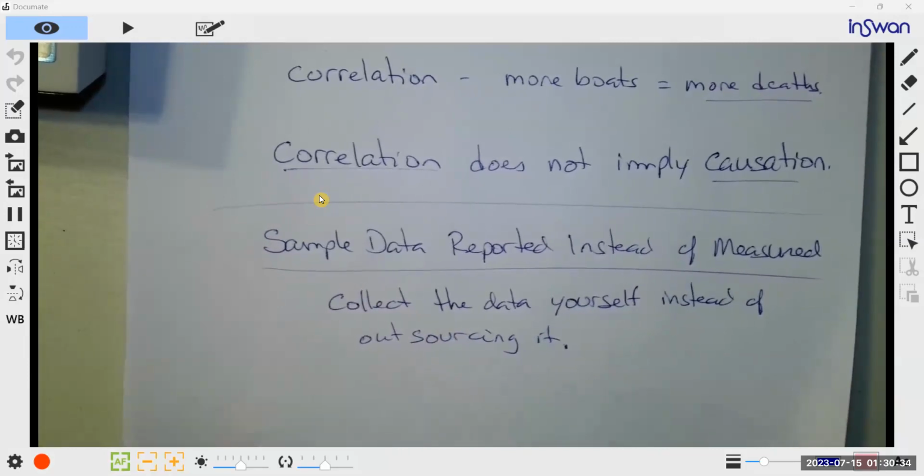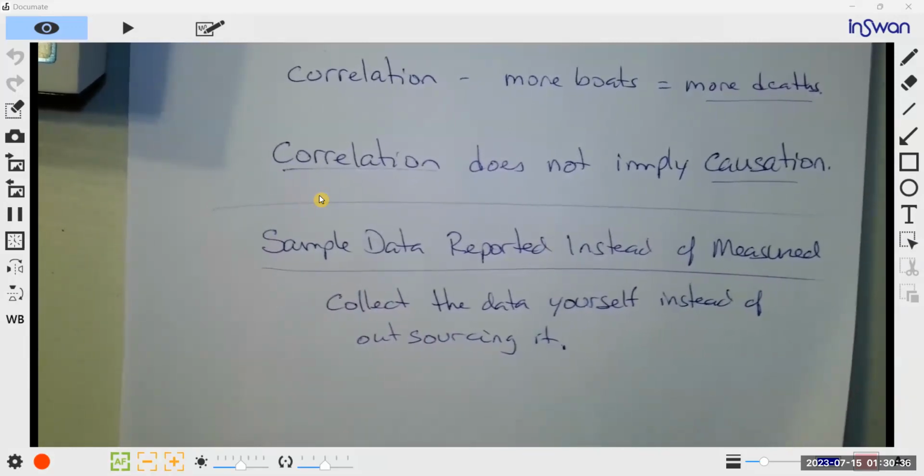The example used in the book: if you're interested in the average weight of people, you could weigh them yourself and record it, or you could ask them and hope they give you the right answer.